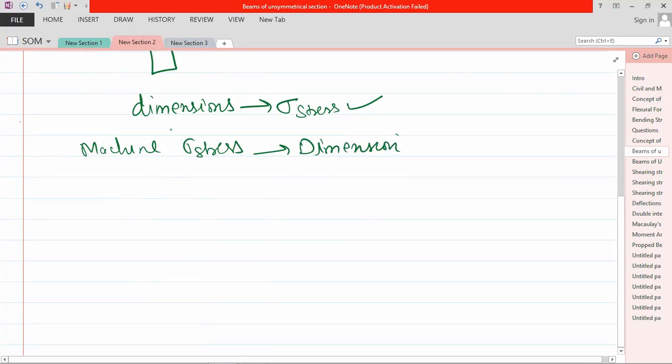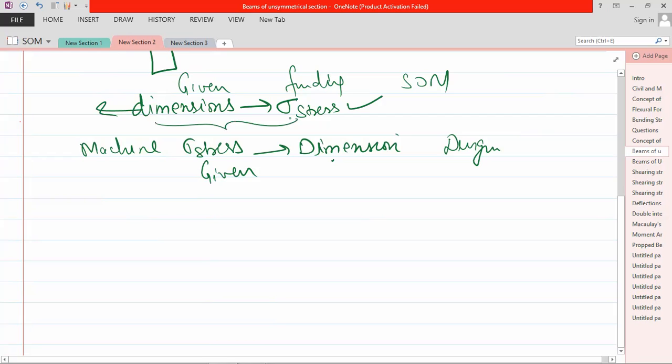So that's what is called designing. Designing means obtaining the dimensions, while analysis means you are given the dimensions and obtain the stresses. Here you are given the stresses, obtain the dimensions. That is the basic difference.